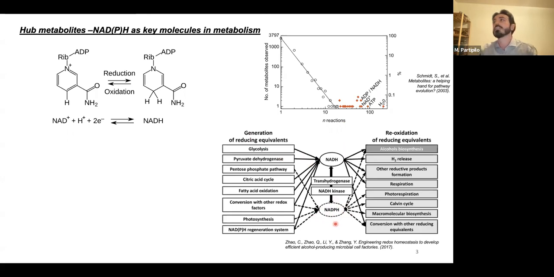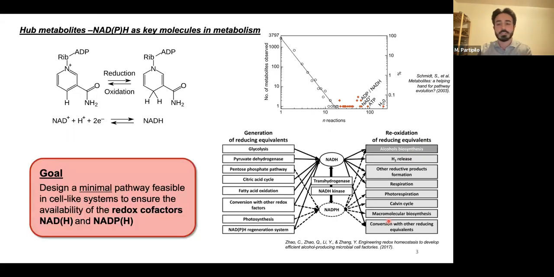On the other side, this reduced cofactor will be reoxidized for other important processes, as for instance respiration, in which NADH provides electrons for the respiratory chain, or as well for anabolic reactions. So when cells are trying to build up complex molecules needed for life.